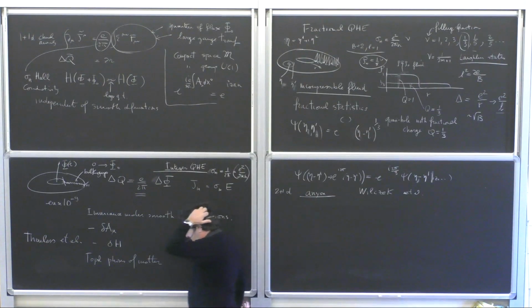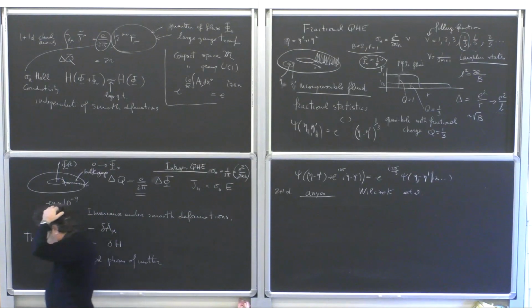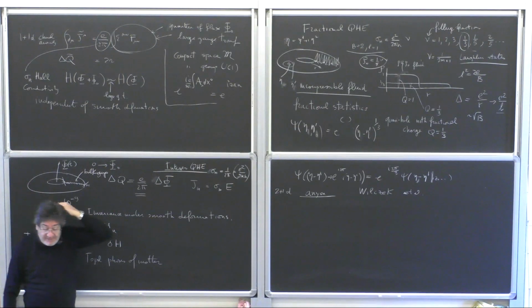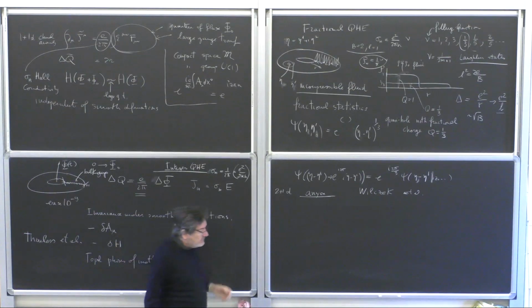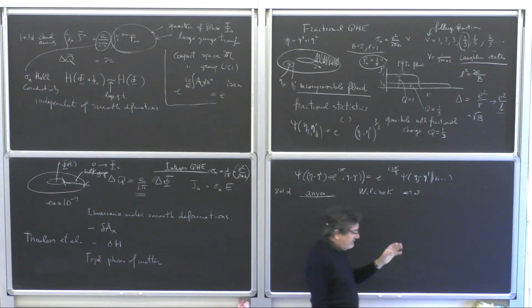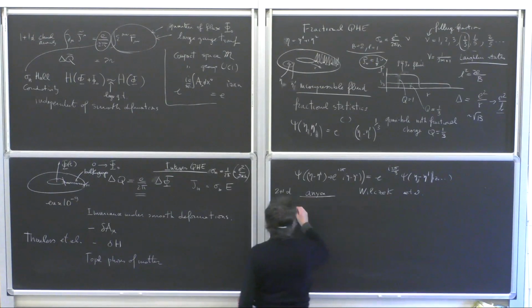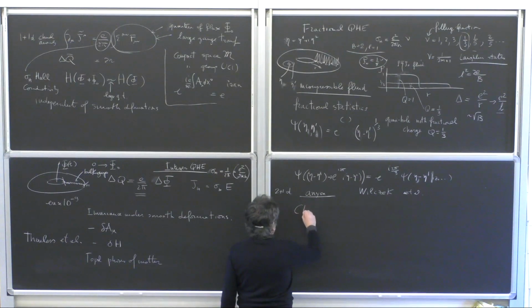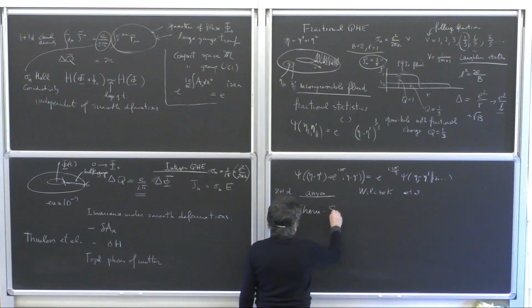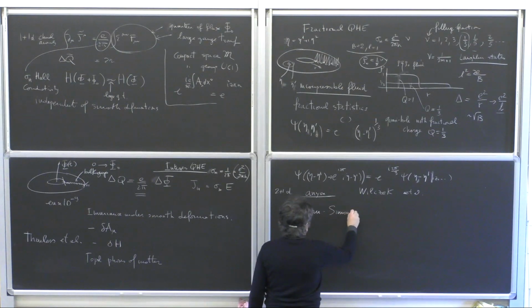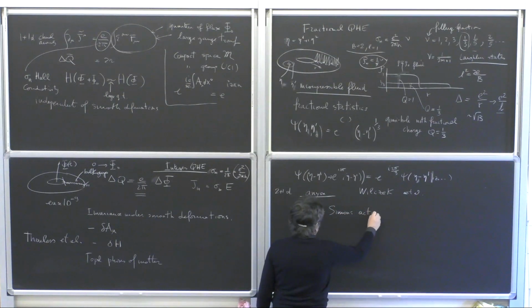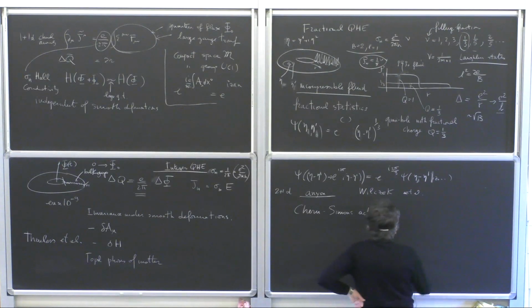Well, the effective description is based on a topological field theory. So now we go from topological effect to topological field theory. And this is the Chern-Simons Lagrangian, the Chern-Simons action. Okay? The Chern-Simons action is like this.